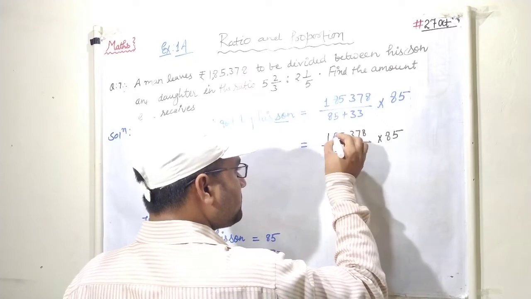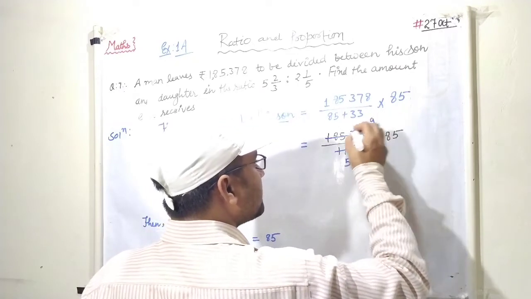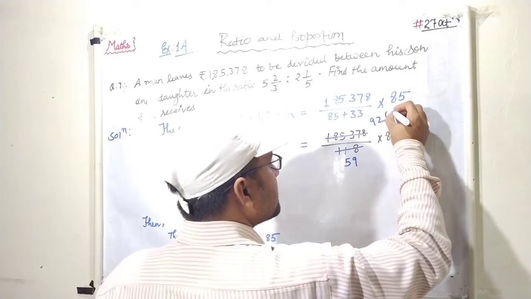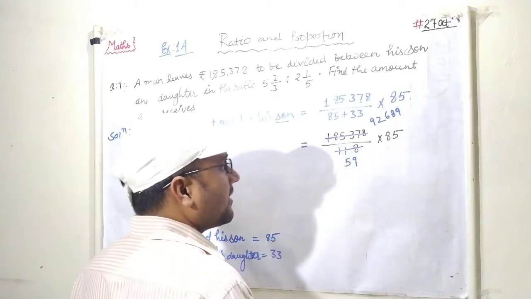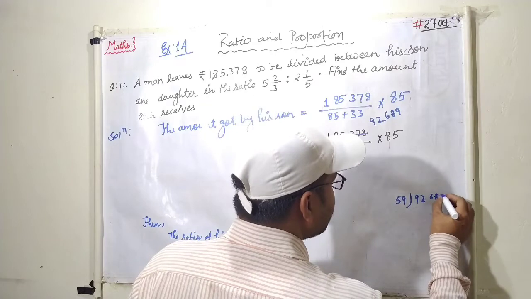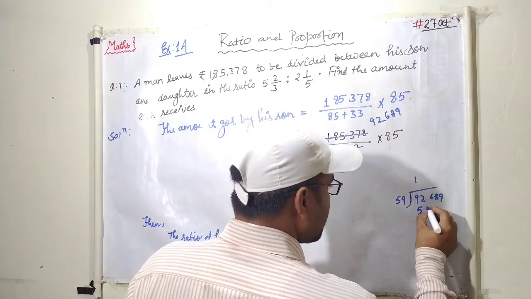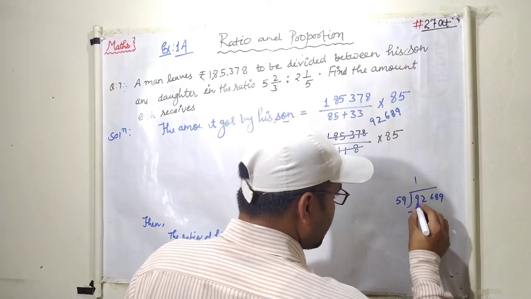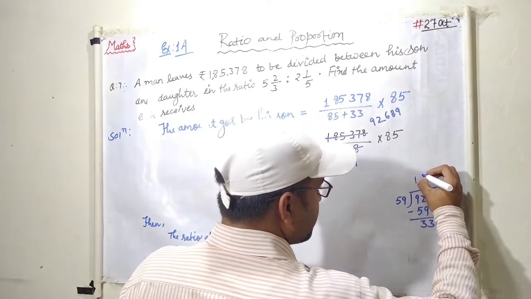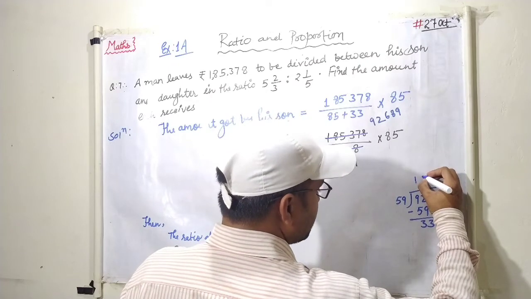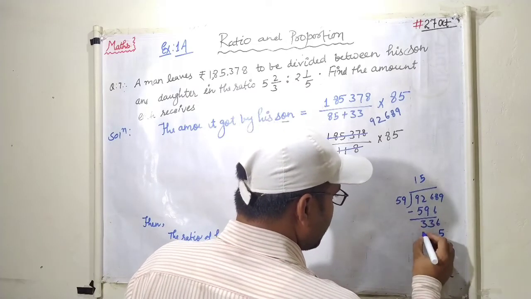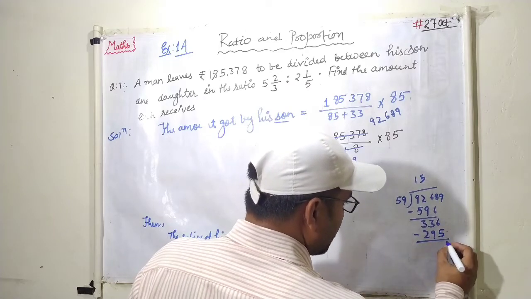And it is also cancelled out by 2. Then again, I think it is cancelled out by 59, giving 92,689. 1 times 59 is 59, 3 8 3 33. 6 times 9 is 54, 5 times 5 nines are 45, 4 carry 9.